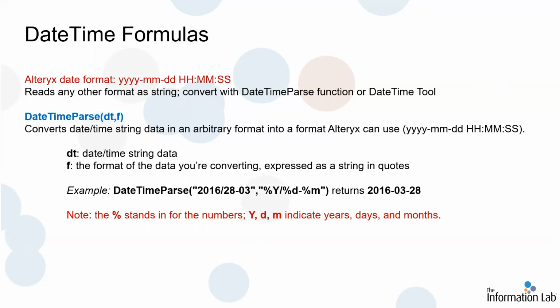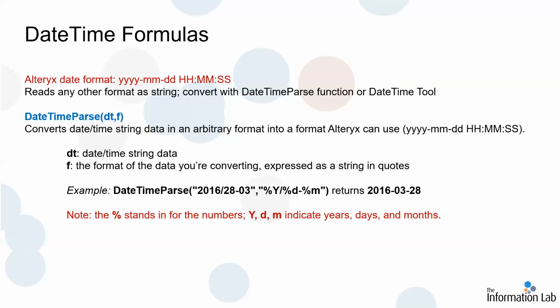The F parameter is a placeholder for the format of the data that you're converting, expressed as a string in quotes. So if we look at this example, we've got the year 2016, then /, the day, then hyphen, the month. What we want to do is first list our date, which we've done there, and then separated by a comma, we put in the % symbol to stand in for all the numbers. So here, we're just trying to tell Alteryx what format our incoming date is in.